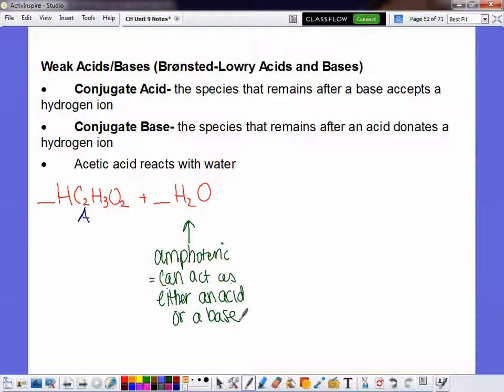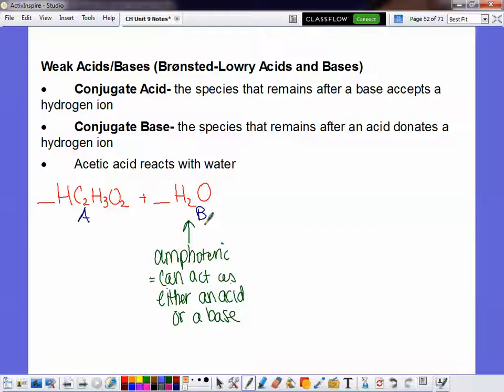So since water is reacting with an acid, water is taking on the role of being a base. Okay, in this reaction. If water were reacting with a base, then it would take on the role of an acid. So it's really special. It can kind of do whatever is needed.